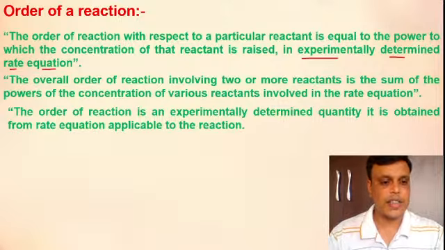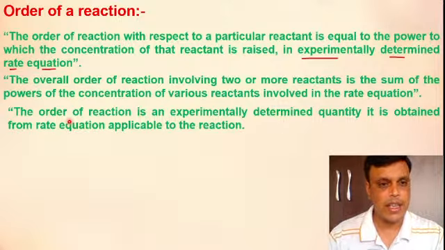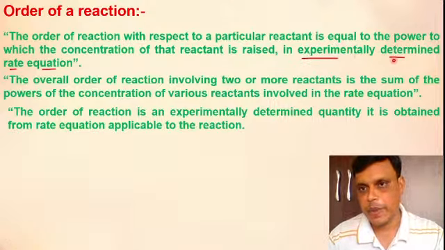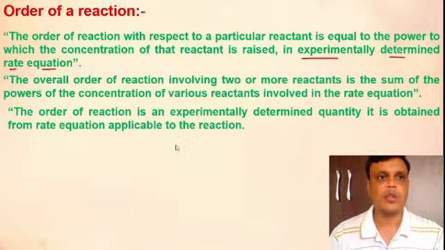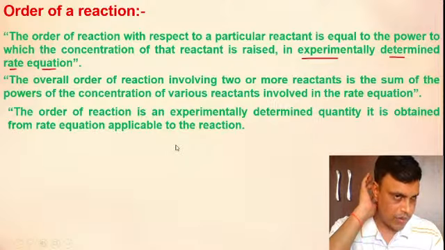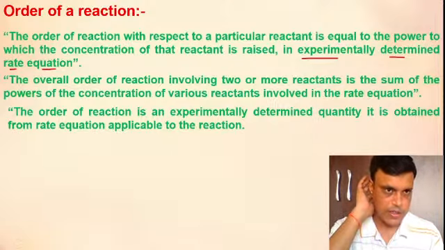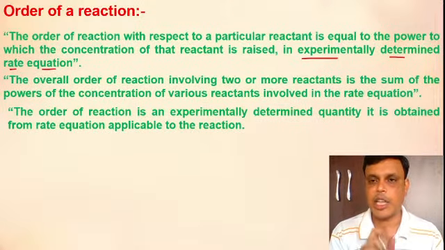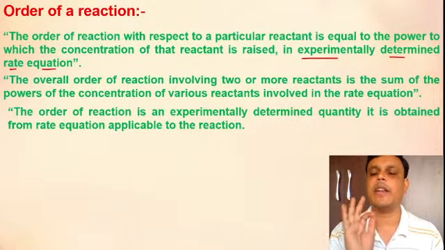Then the next point: the order of reaction is an experimentally determined quantity. I have already told you, here I said experimentally determined rate equation. So while calculating the order of reaction, you first have to write down a rate equation, and that rate equation must be experimentally determined.